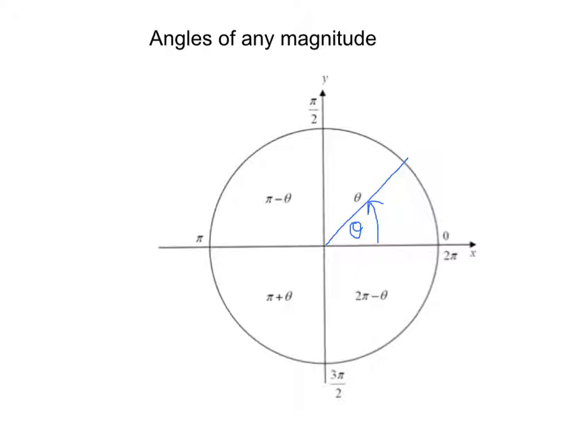Now, if we were to reflect this point over in the second quadrant here, and we were to draw a line down here, then this angle here would also be theta, because those two triangles would end up being congruent triangles because the radius is the same. What have you got?